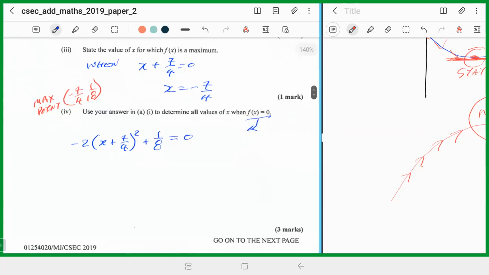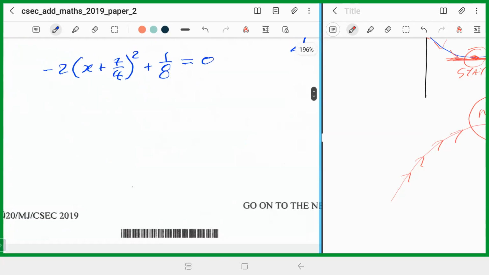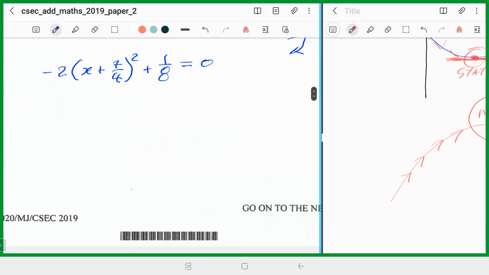And so I'm solving that for x. When I solve that for x, I'm going to get the x values at the roots. So I'm going to transpose this over here, and then divide by the 2. I'm going to get x plus 7 over 4 squared equals 1 over 16.